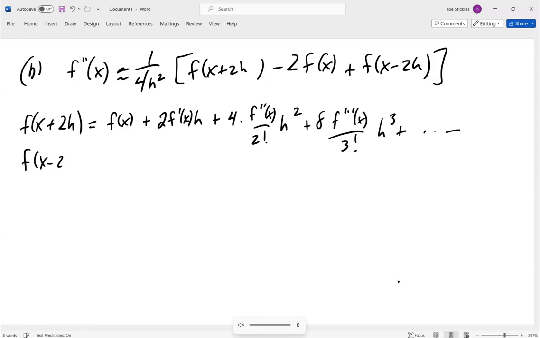And you already told me last time that when we changed the plus sign to a minus sign in the middle there, it just flipped all the signs of the odd powers of h.